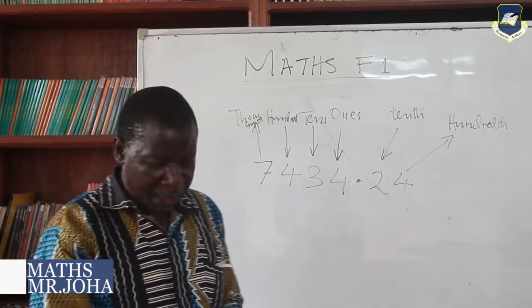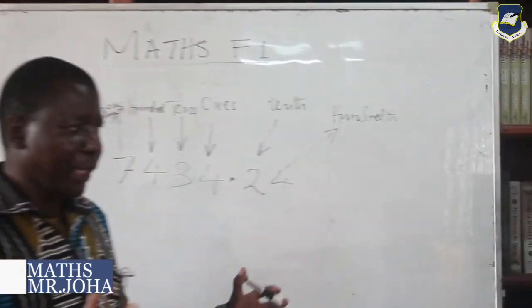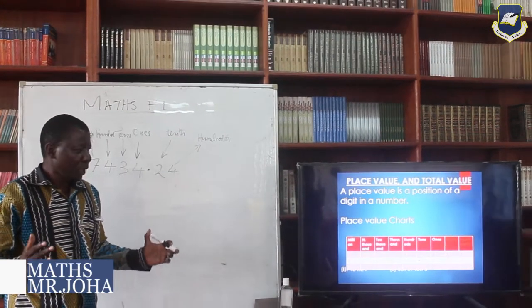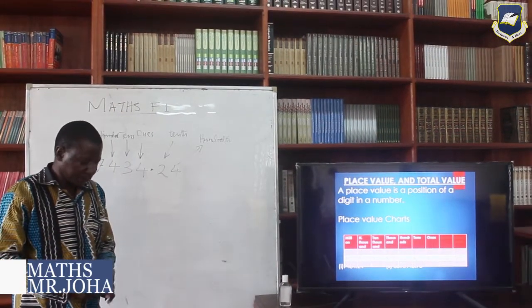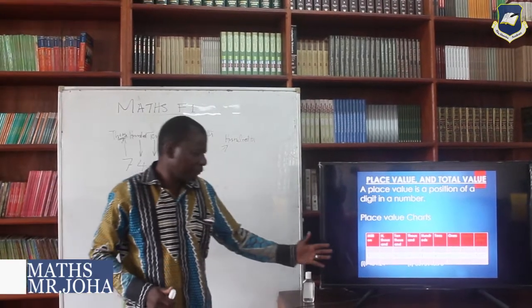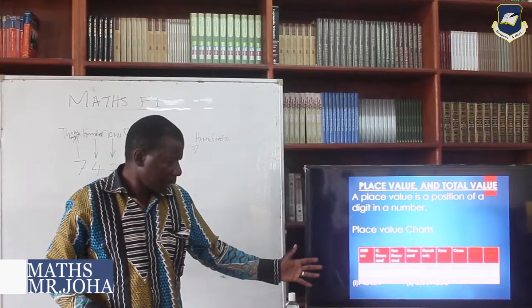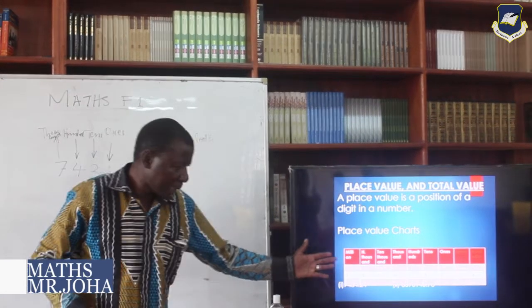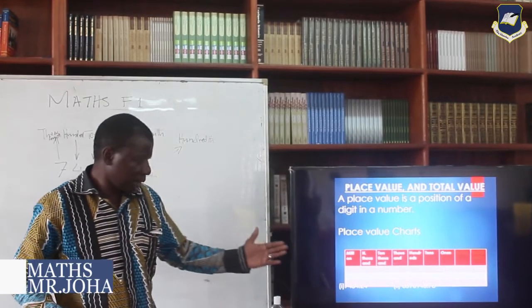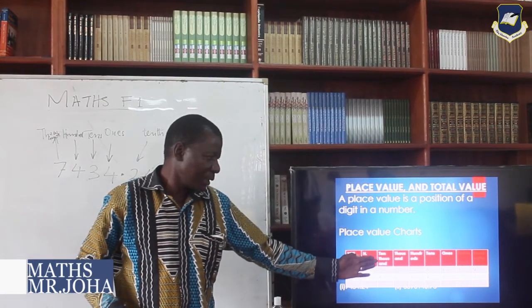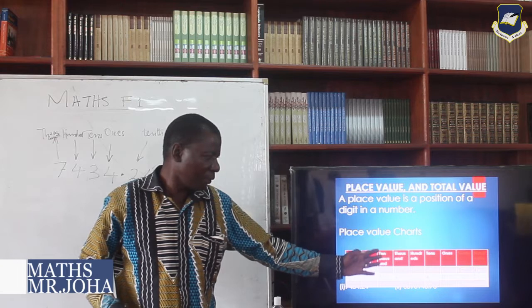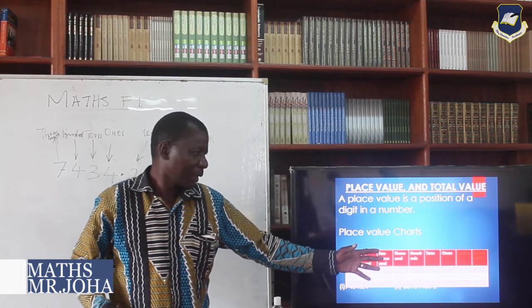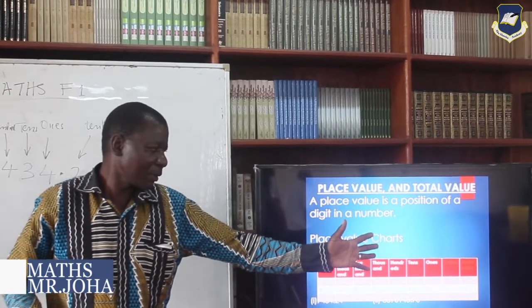Now we can have a chart which can display some of those place values which we have in a number. For example, the chart that we have here is showing the number that we have written already, 7434.24. The other side is the decimal section.